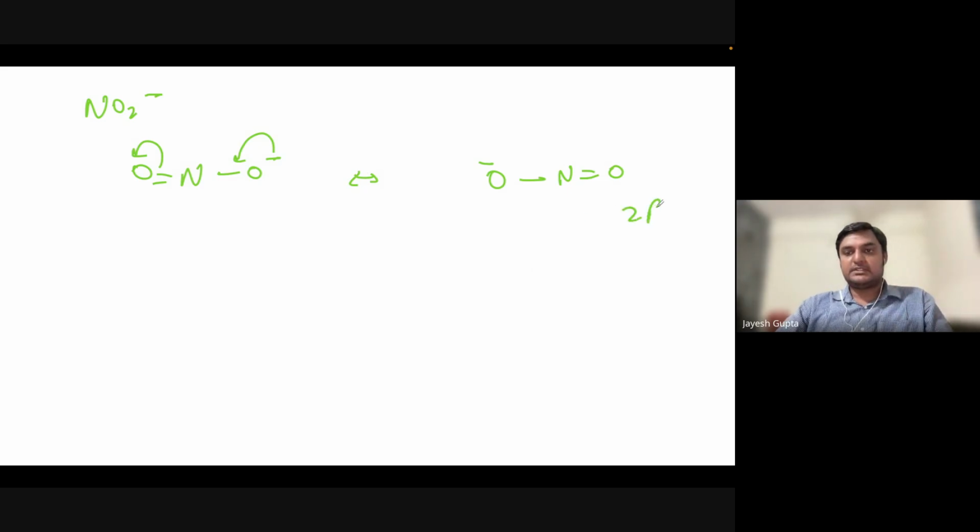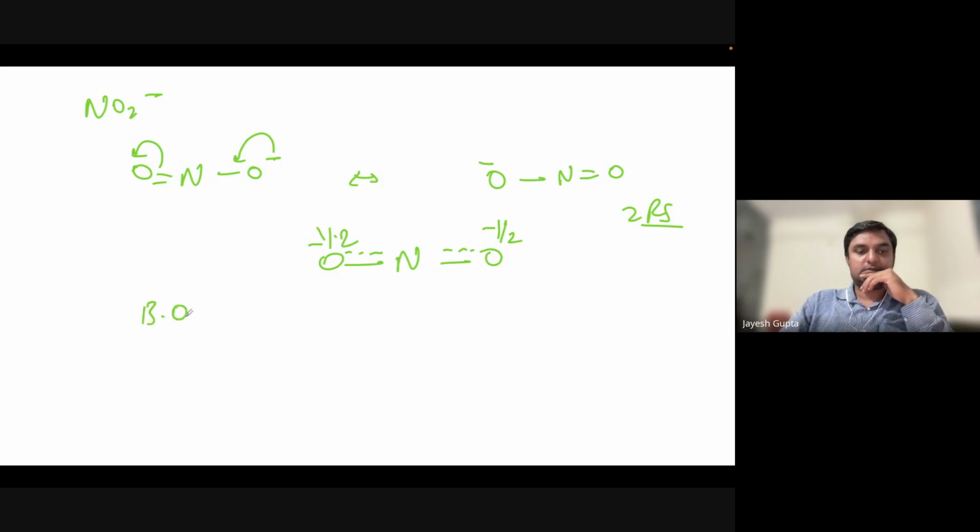So we got 2 resonating structures. If you talk about resonance hybrid, you get like this one, -1 by 2, -1 by 2. Bond order is 1 plus, there is one pi bond and there are 2 sigma bonds, so you are getting 3 by 2.